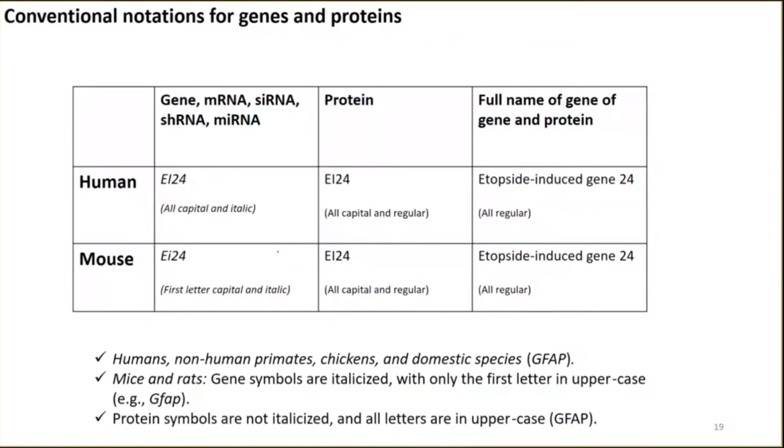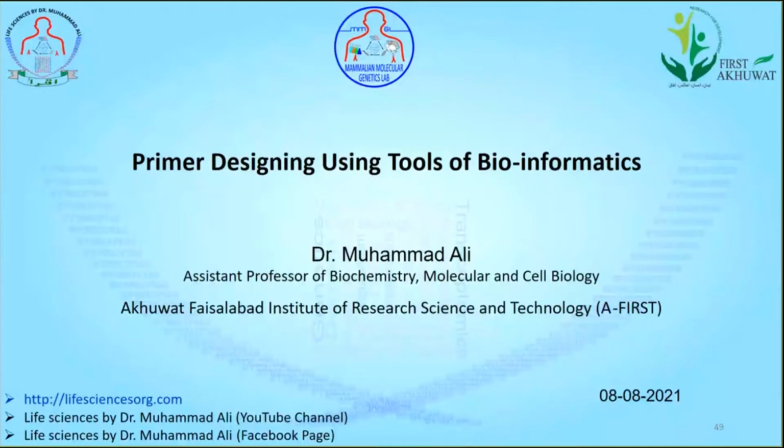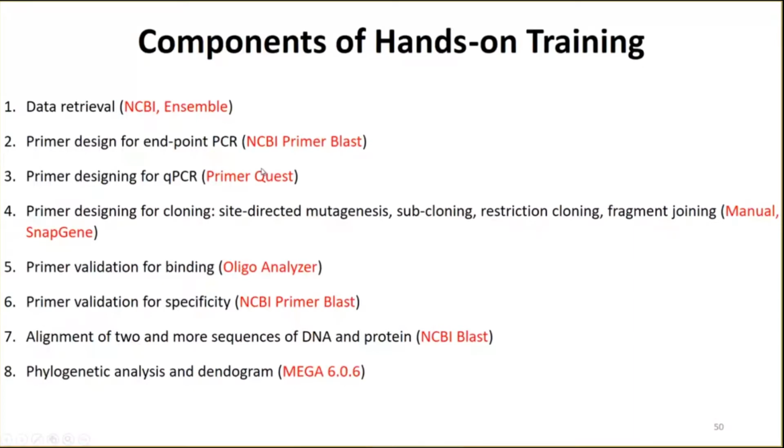Okay, now we move to the real portion. We are going to use some software for today's presentation. So today we will be learning how to retrieve data from the NCBI and Ensembl. I will let you know the benefits of each of these two databases.